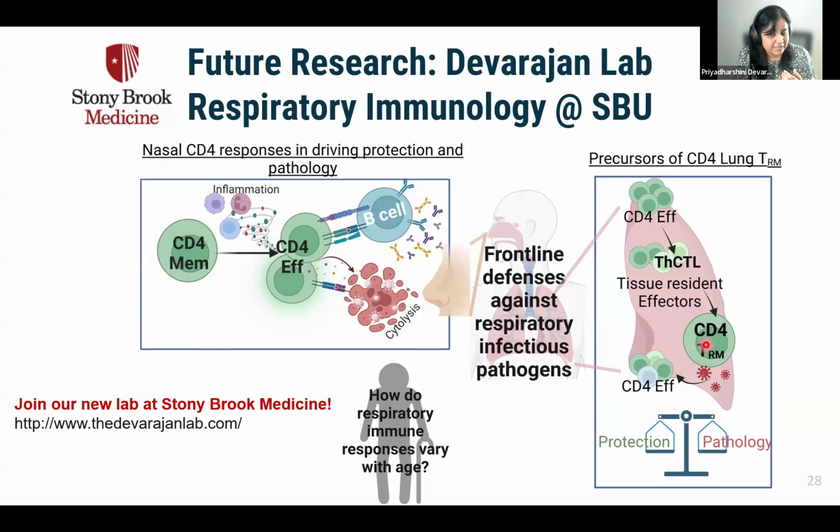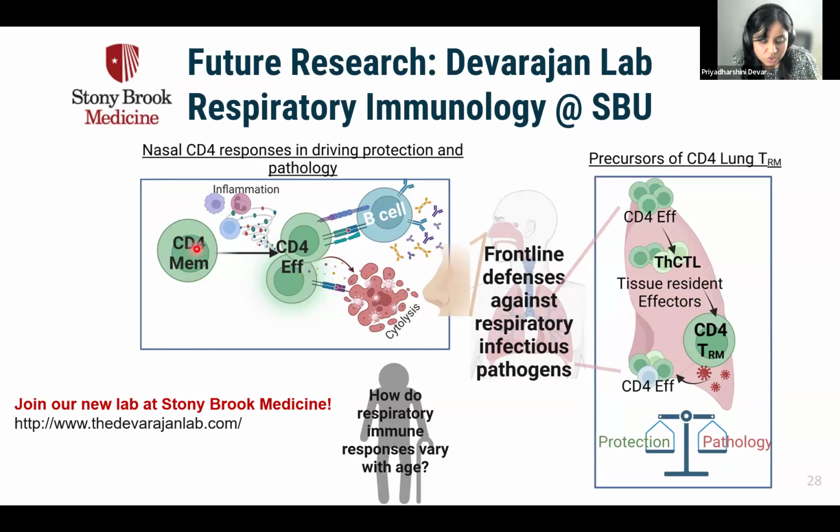So we're really excited that we may have found a precursor for this long-lived CD4 TRM, which both in humans and mice have always had this cytotoxic signature. And we've always wondered why CD4 TRM in the lungs have a cytotoxic signature. And that may be because these TSCTLs are an important precursor for the long-lived CD4 TRM.